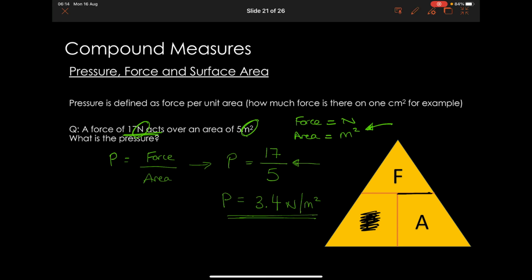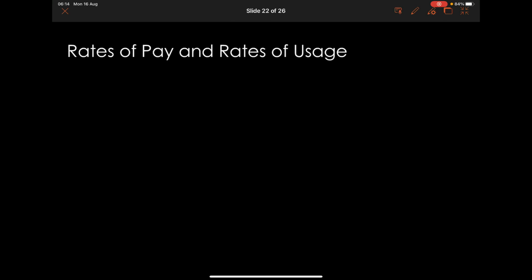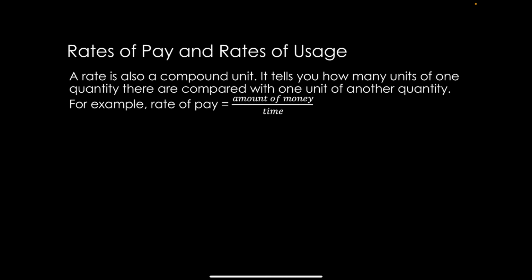Okay. So the last thing we're going to look at is rates of pay. This is fairly easy, you'll probably get this quite easily. First of all, a rate is also a compound unit. It tells you how many units of one quantity there are compared with 1 unit of another quantity.